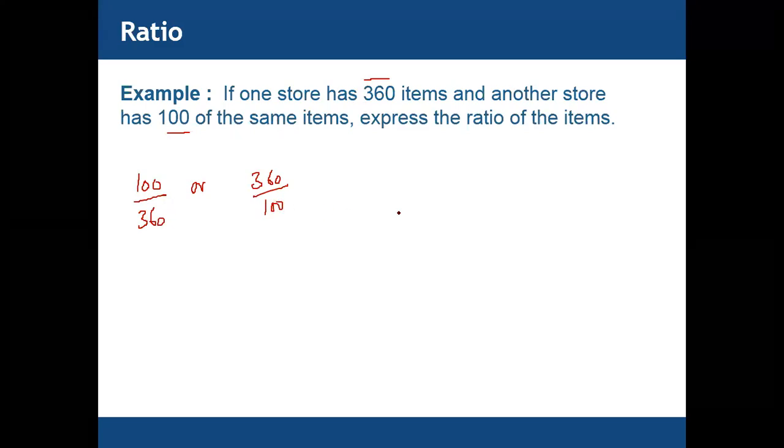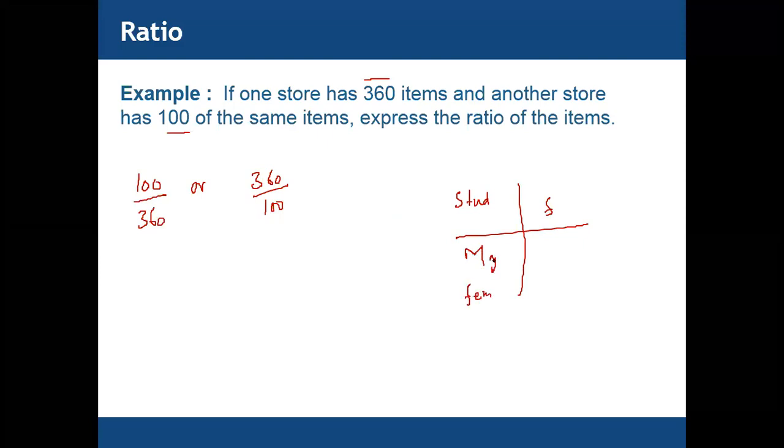For example, in your class, let's suppose we have students and their frequency. How many male students and how many female students do we have?